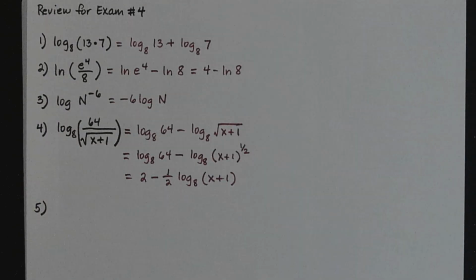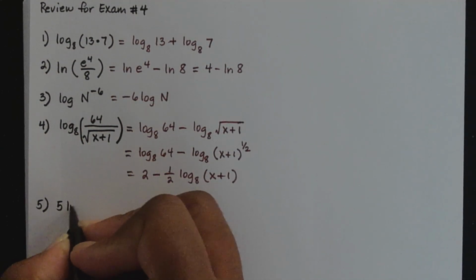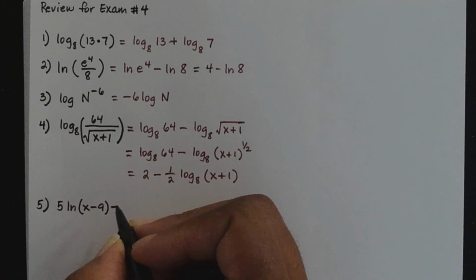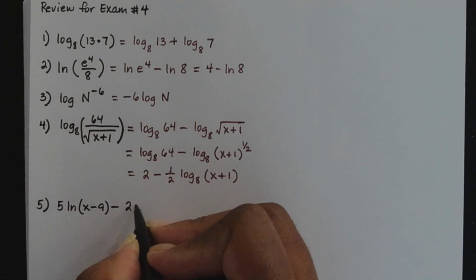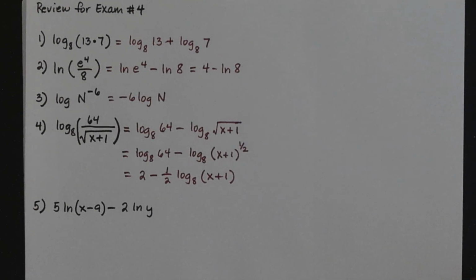So here we got 5 times ln of the quantity x minus 9 minus 2 ln of y. And we want to condense this as a single logarithm.